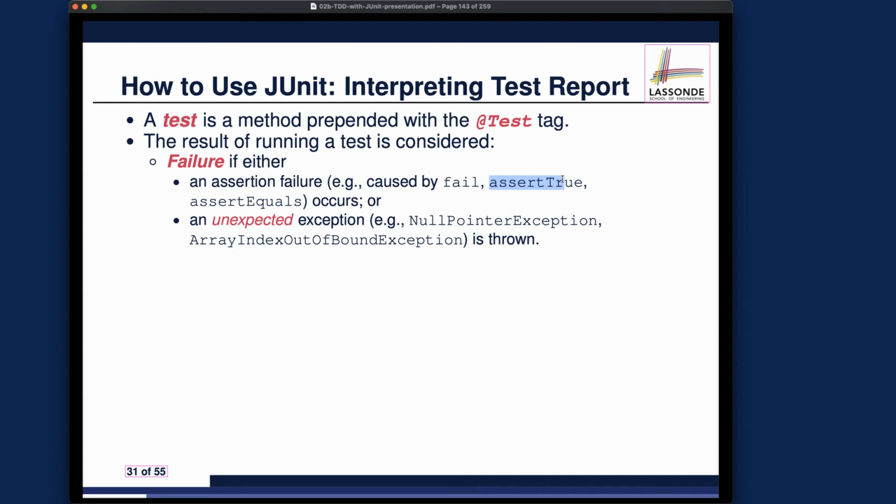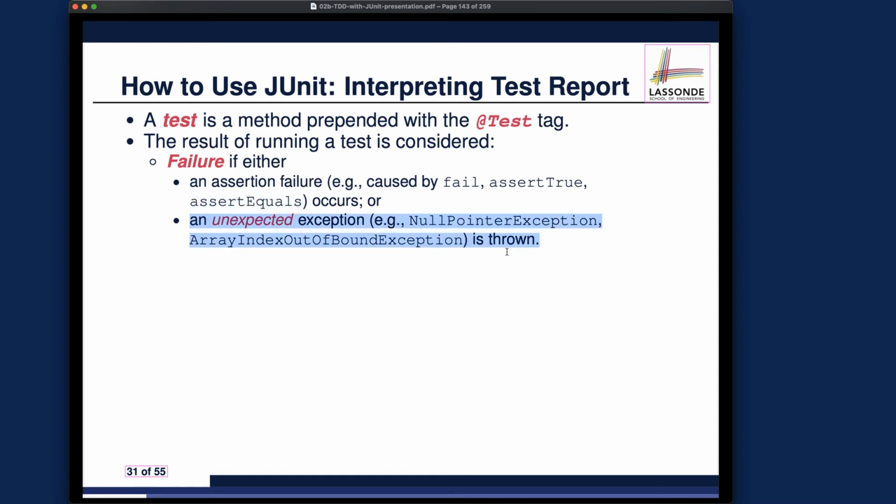But for other assertions like assertTrue, assertEquals, assertFalse, assertSame, assertNull, and so on, if any one of them fails, the entire test method will be considered as failing. The very first assertion failure is going to cause the whole test method to suspend its execution and then report a failure, right? If you have many assertions that might fail, only one will be reported at a time, depending on how early they are put into your test method.